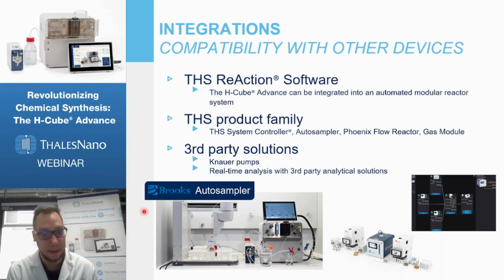One crucial advantage of the H-Cube Advance compared to the H-Cube Pro is the ability to incorporate this instrument with our other reactor types. So we've got a software that we call the THS reaction software, which is responsible for controlling all of our other instruments.